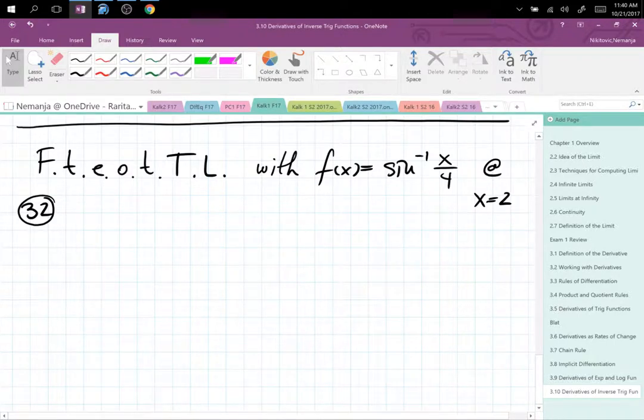Have fun. You know the procedure for the tangent line. So like you say, just do it.